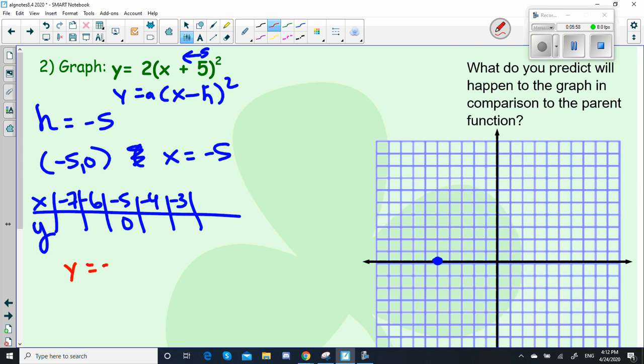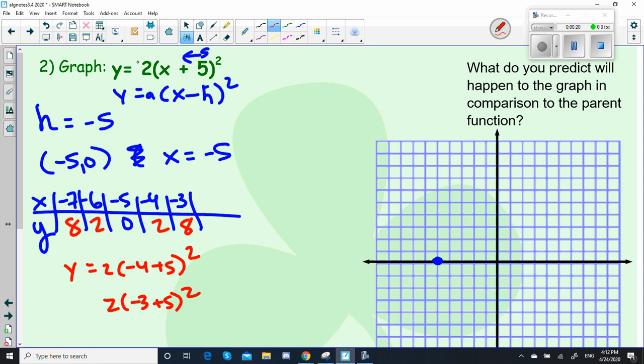So y equals 2 times -4 plus 5 squared. That's 1 squared is 1, times 2, so that'd be 2. Okay, and if we do the same thing for -3, that's 2 squared, which is 4, times 2, looks like that's 8.